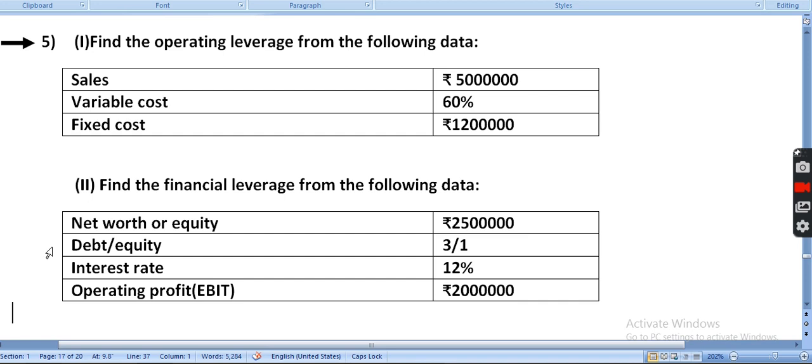EBIT is already given, we just have to find EBT. So EBIT minus interest, we will get EBT. Keep this proportion in mind. Interest rate is given as 12%, amount is not given, so you have to calculate interest on the debt amount. Equity proportion is given 25 lakh, so debt is 75 lakh.